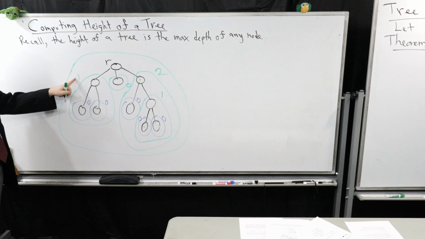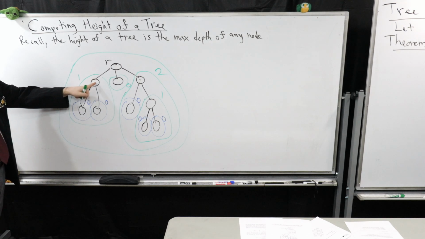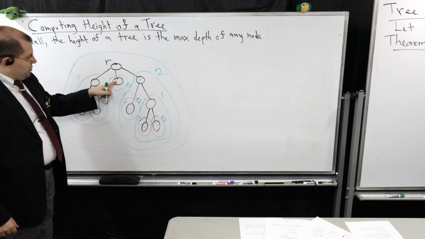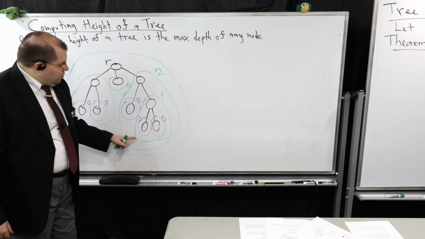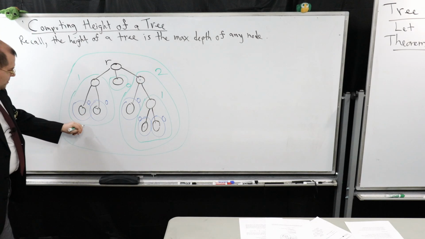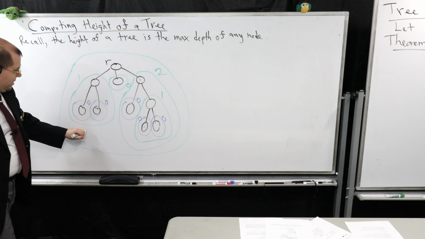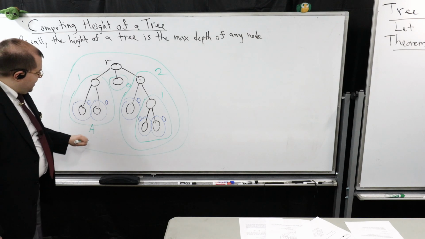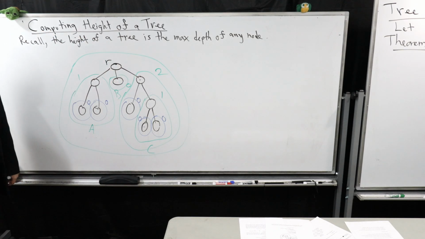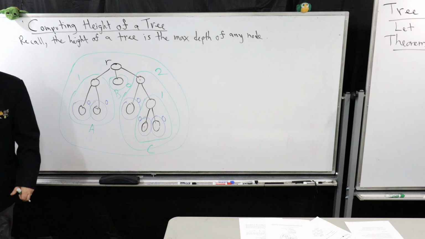I have a 1 for the height of this node, if I think of it like a subtree. So if I look at this whole tree here, its height is 0, and I look at this whole tree, its height is 2. So which of these should I pick? So I'm just going to label them with a letter here to make it easier for you guys to type it. So if I have A, B, and C, which one is the one I should be picking to add 1 to? A, B, or C?